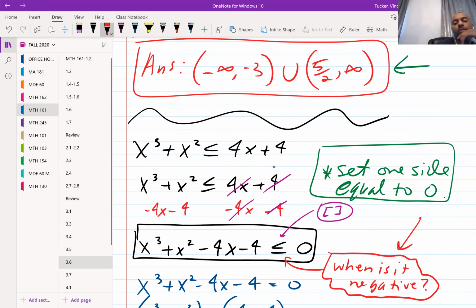And so now, because it's less than or equal to 0, we want to know when is this expression negative. Give you a chance to write that down.